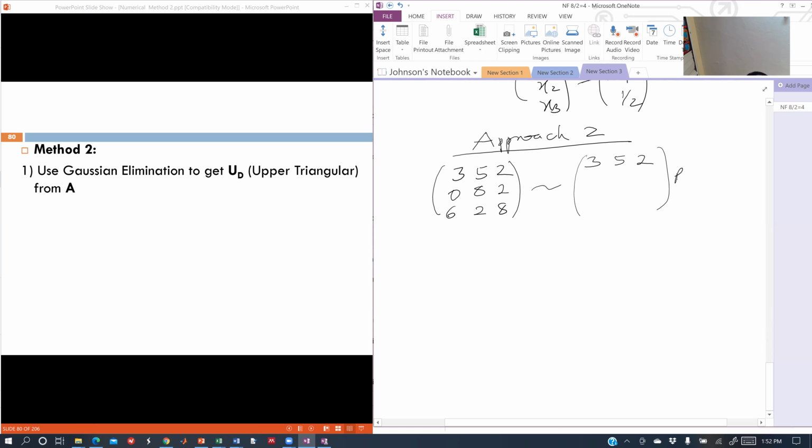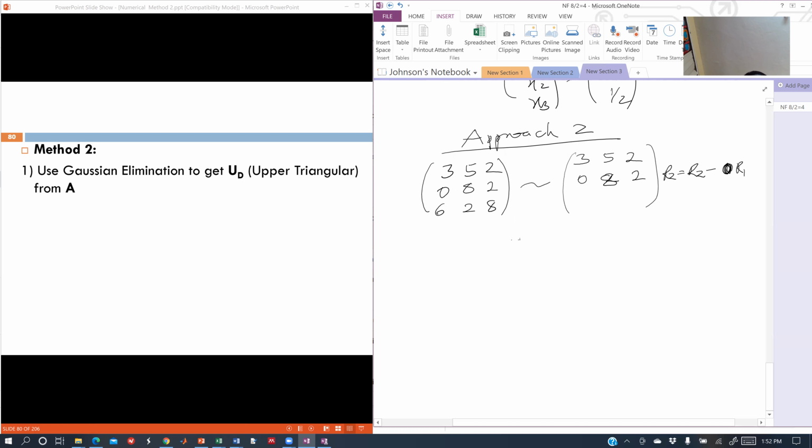We're going to do row 2 equals row 2 minus my Gaussian factor here, which is 0 divided by 3, so it is 0, times row 1. So I need that Gaussian factor 0. When I do this, it gives me the same as row 2, which is this and that. Then the row 3, how do we do the row 3?